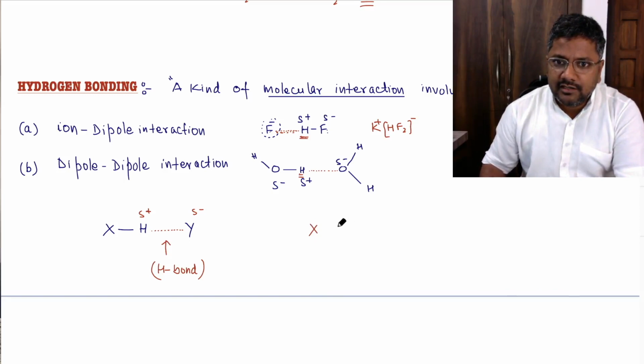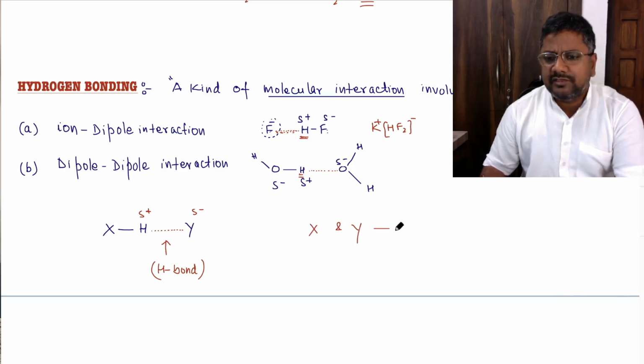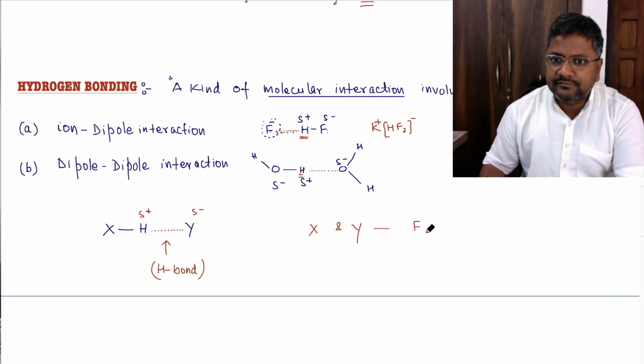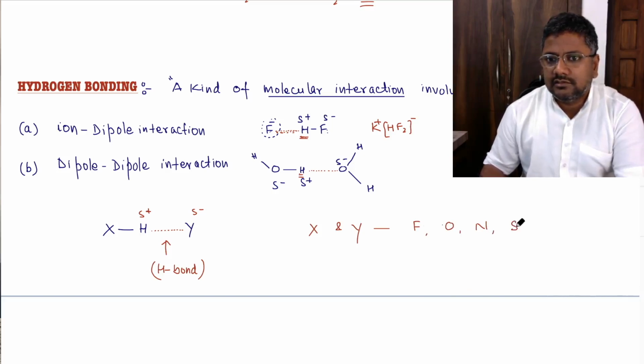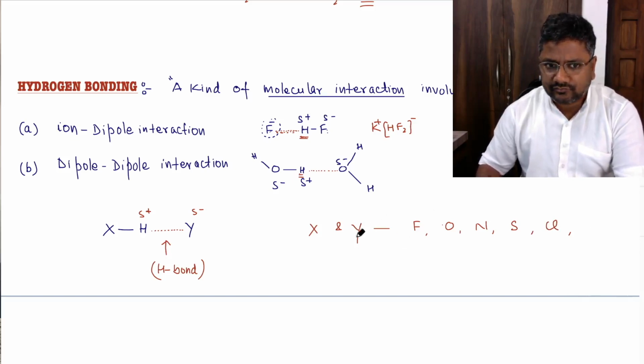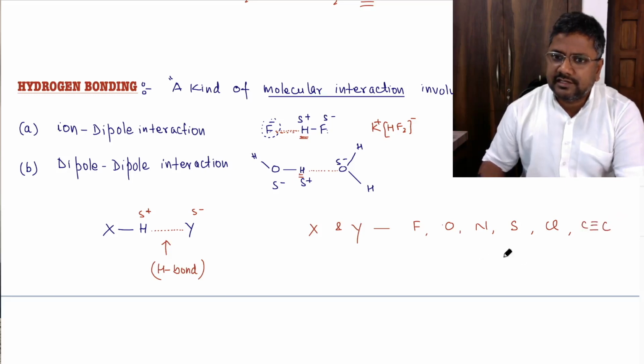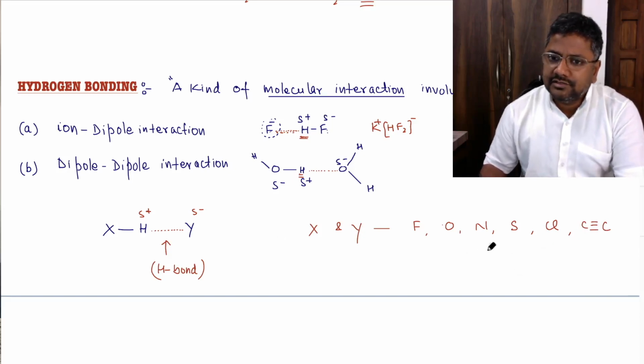What are X and Y? X and Y may be both the same or different, that hardly matters. X and Y could be fluorine, oxygen, nitrogen, sulfur, chlorine, and sometimes the C triple bond C also acts as X or Y, right?